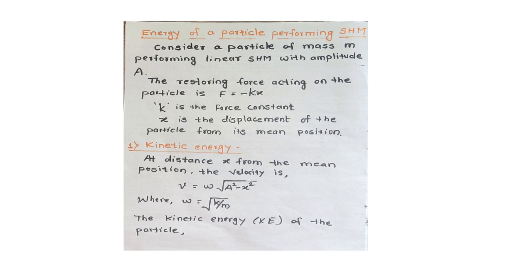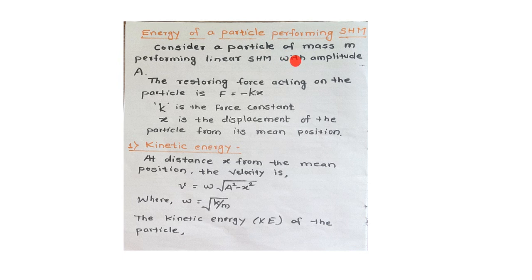Next topic is the energy of a particle performing simple harmonic motion. What do you have to find? The energy of a particle performing simple harmonic motion. Students, while performing simple harmonic motion, the particle possesses speed.